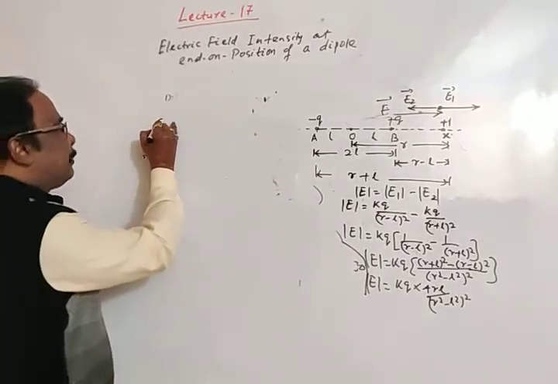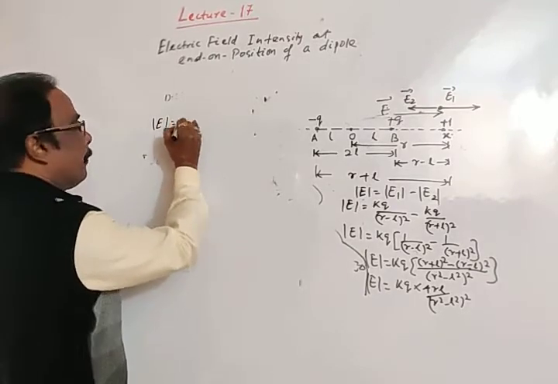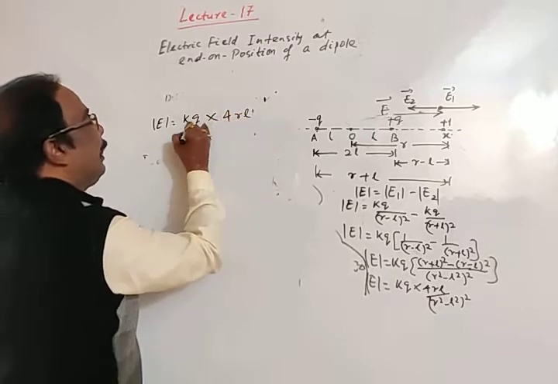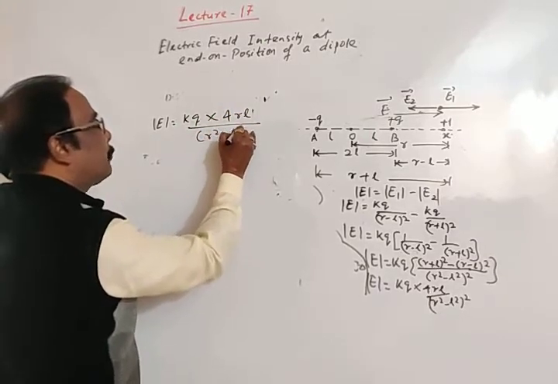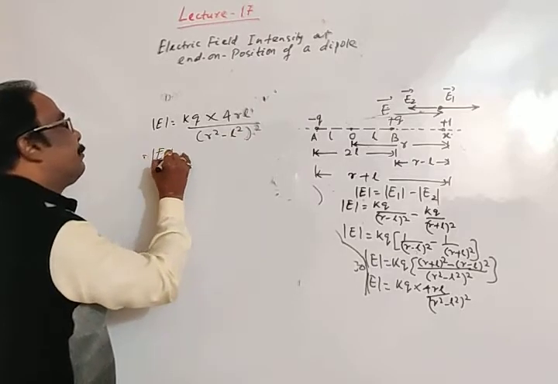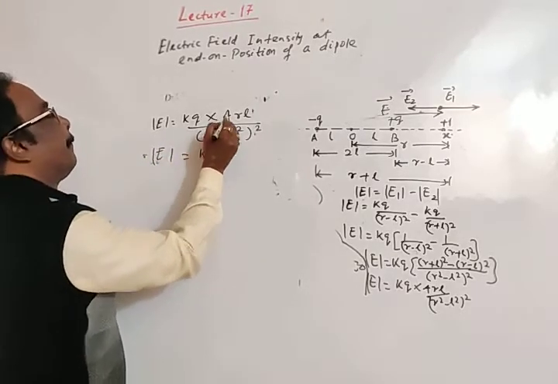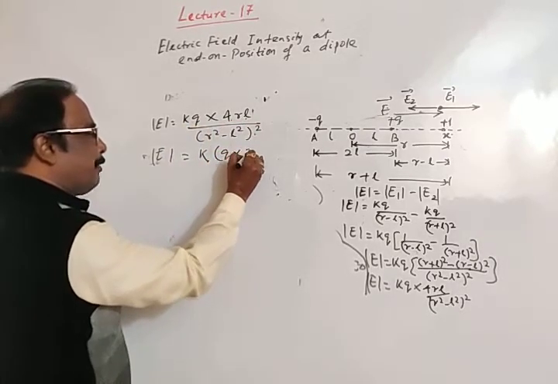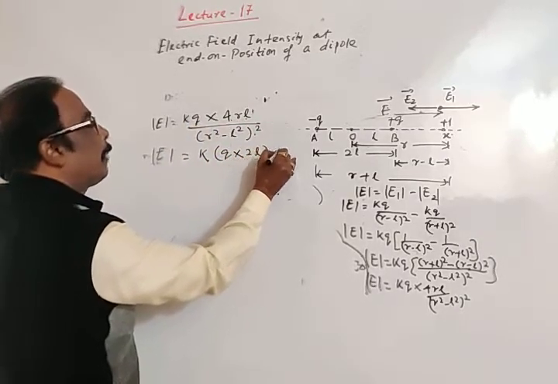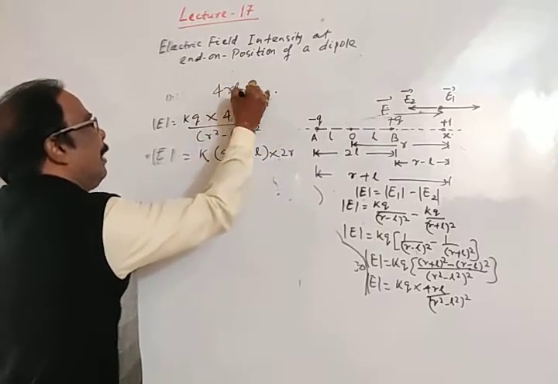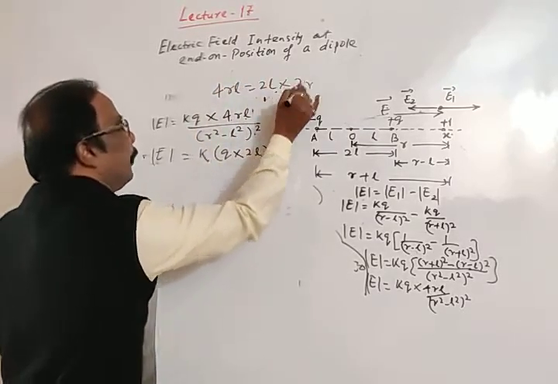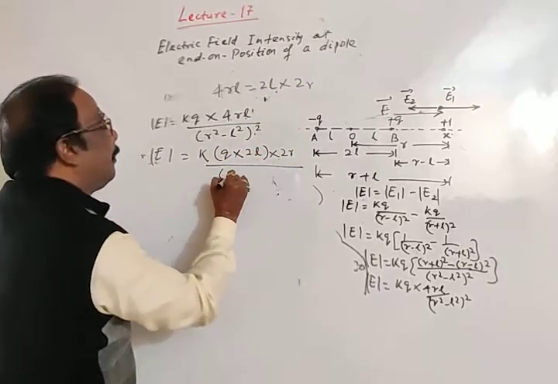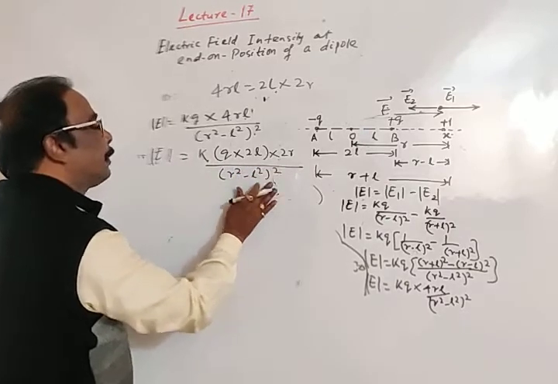Then the magnitude of the resultant field intensity is kQ into 4RL divided by (R square minus L square) whole square. Students, I may break 4RL into 2R into 2L. So the magnitude is k into Q into 2R into 2L divided by (R square minus L square) whole square.